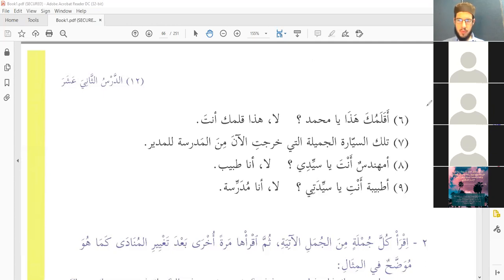Good, right? Because aqalamuka hada ya Muhammad. Exactly. The emphasis is going on the thing that's directly adjacent to the question word, right? So if it were ahada qalamuka, then we would imagine somebody who's sitting down at a table with 100 pens, and they're looking for Muhammad's pen, right?